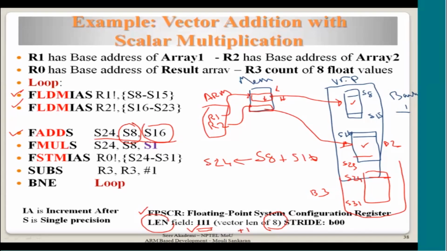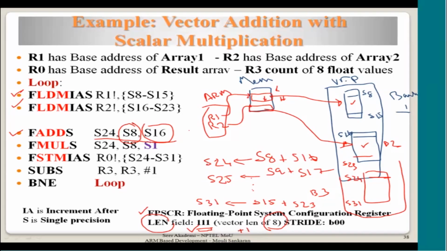That means S9 will be added to S17 and written into S25. Go on like this until S15 plus S23 is written into S31. So who does this?